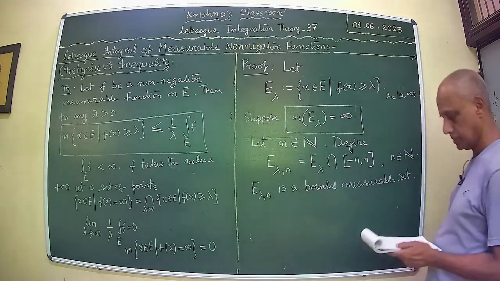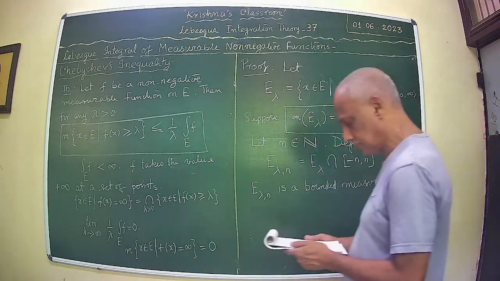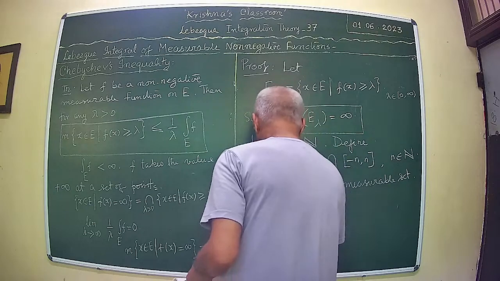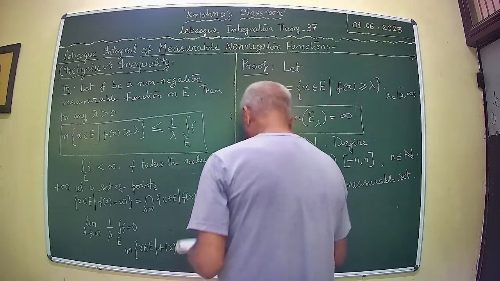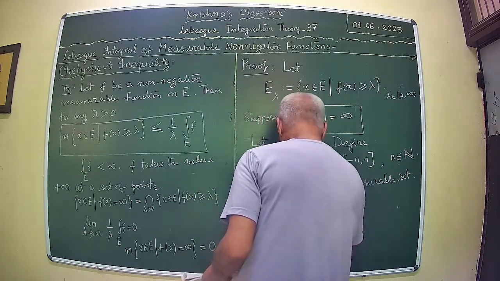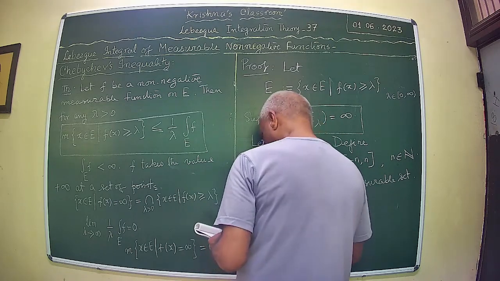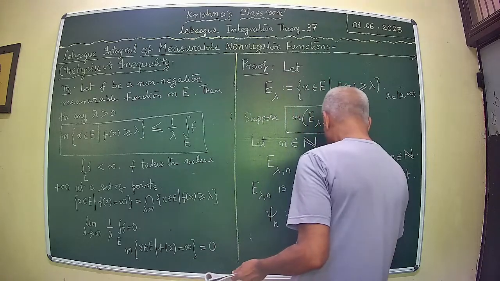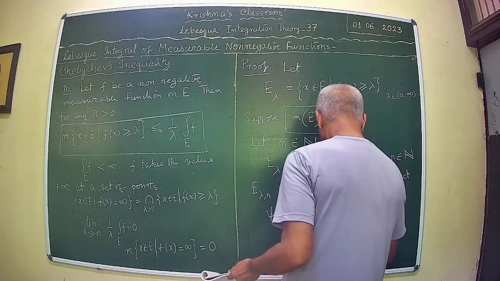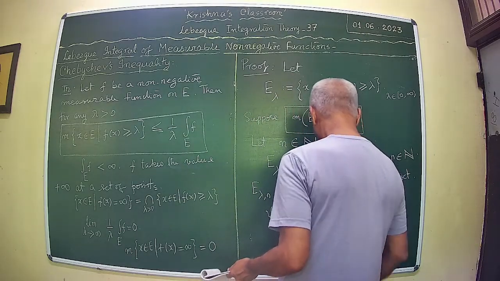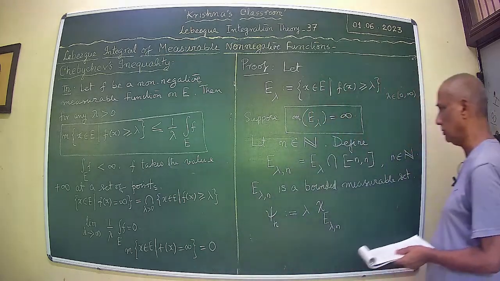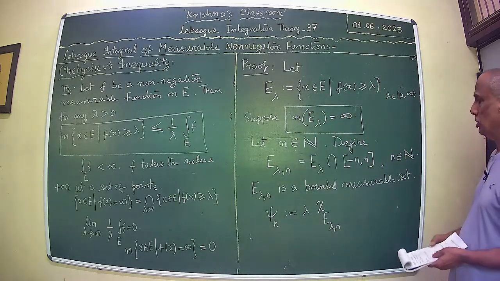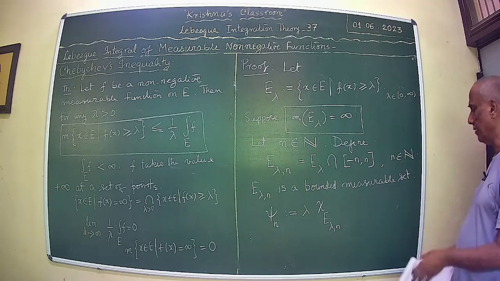Now we define psi n to be equal to lambda times the characteristic function of E lambda n.